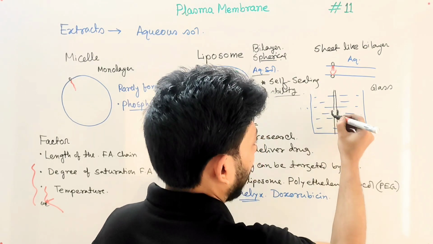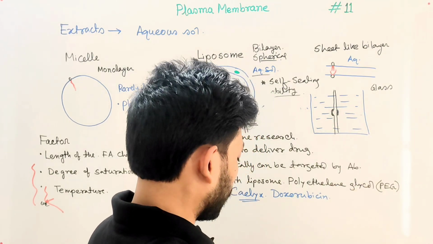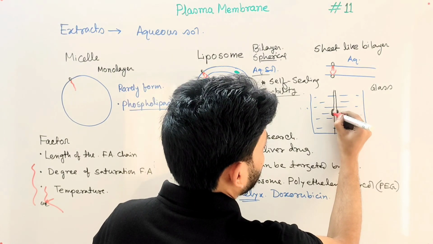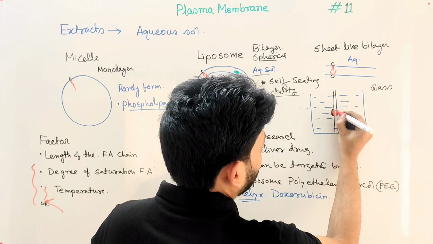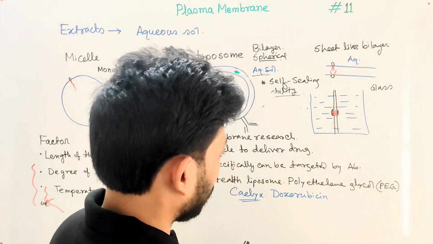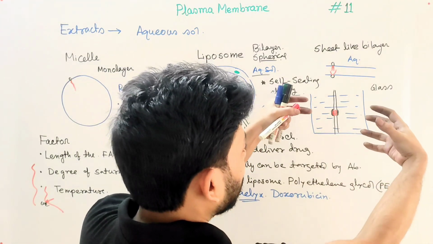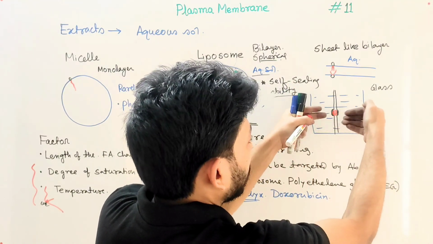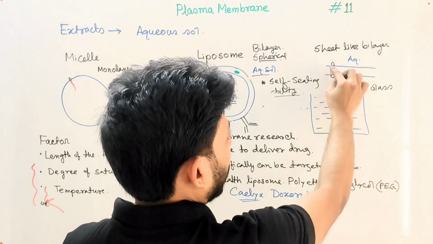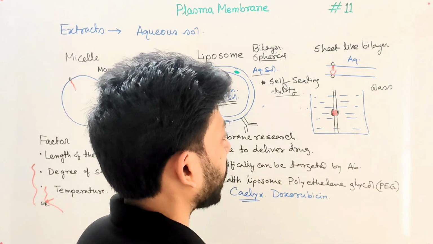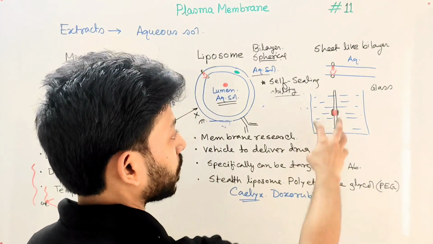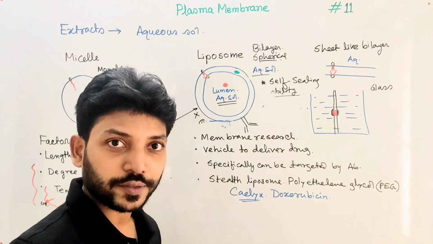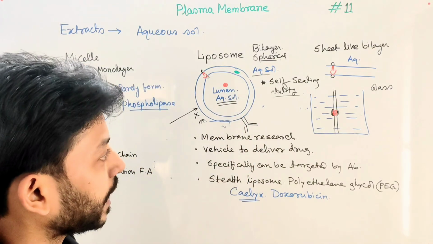It will seal the gap, and the fatty acids will be here. I cannot draw exactly how it will look, because they come together and will not form a sphere, since they are sealing itself. So then you can get this type of sheet-like bilayer. But if you just put these lipids in the aqueous solution, it will immediately form liposomes. This is for sure. So this is a sheet-like structure.